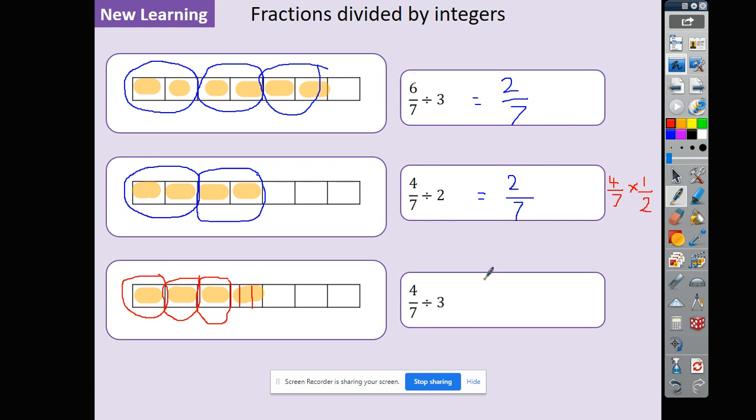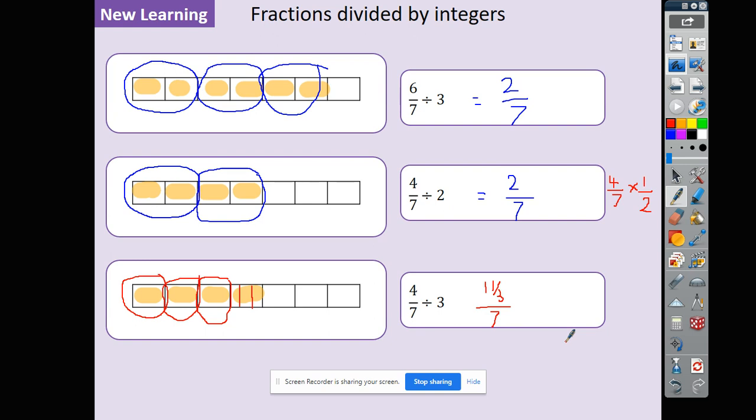So I could argue, well, there's 1 and 1/3 over 7. So 1 and 1/3 sevenths. So something should be ringing alarm bells to you at the moment. So absolutely, we can't have 1 and 1/3 over 7 because that wouldn't be a proper fraction.